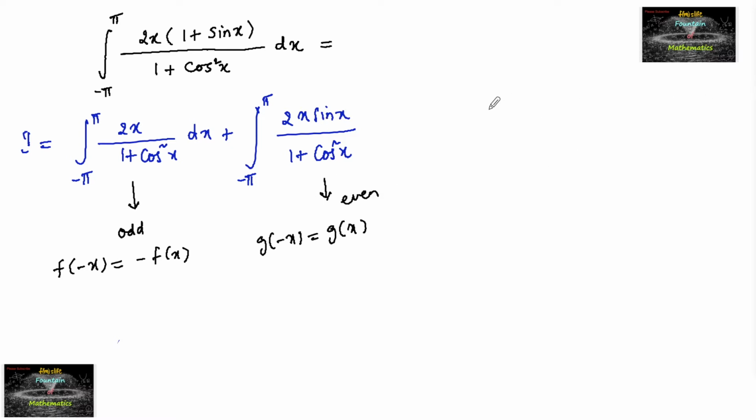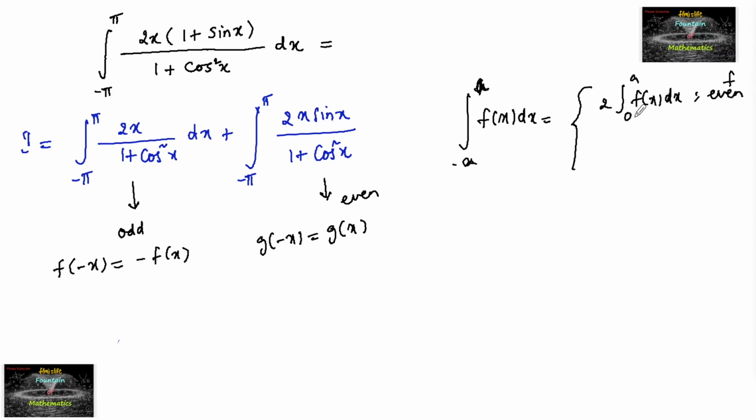And we had a property that the integral from minus a to plus a of f of x dx is equal to 2 times the integral from 0 to a of f of x when f is an even function, and 0 when f is an odd function.